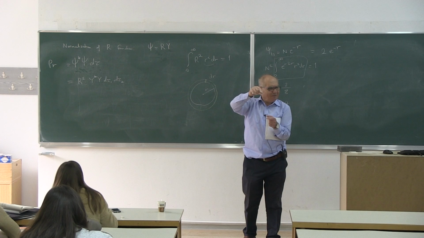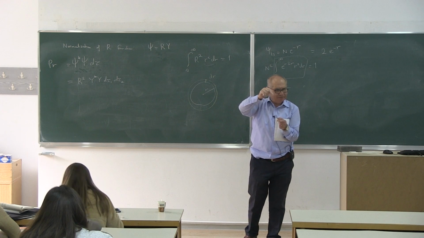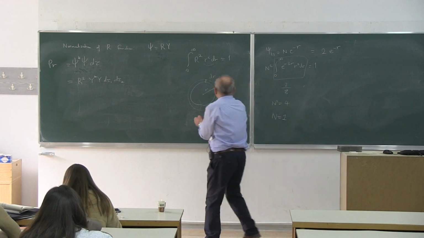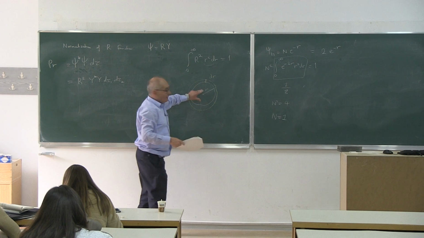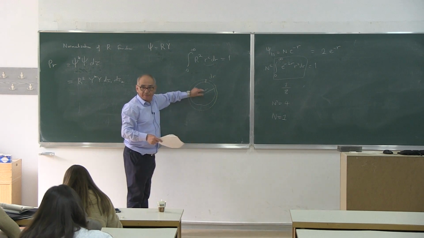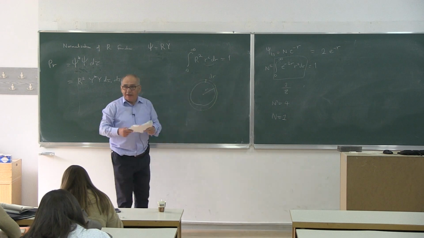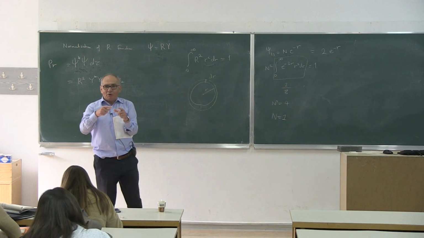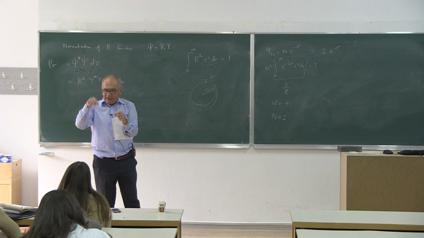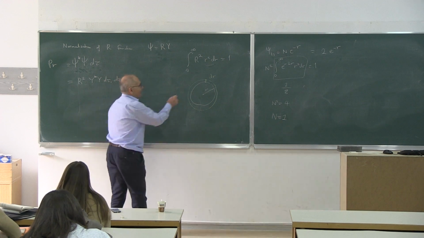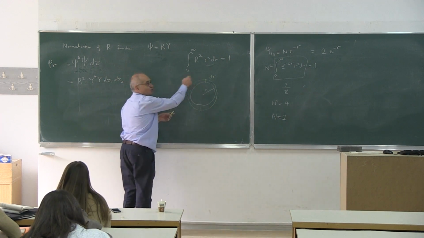Remember, delta r is a very small number. And you should imagine this as a sphere. This is just a cross section. Now, what is the probability of finding the electron anywhere between the two spheres?